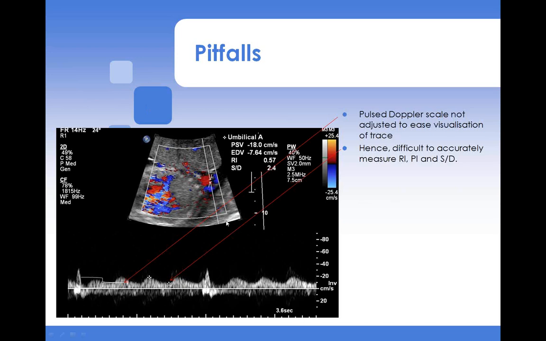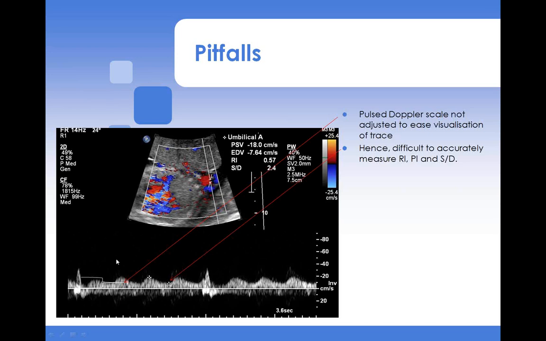You remember how throughout the presentation I was emphasizing the need to maximize the Doppler scale so you can optimize the visualization of the waveform. In this umbilical artery trace, you can see the scale was not adjusted, and you can appreciate how difficult it would be to accurately measure an RI, PI, or an S/D ratio. This is showing a low resistance.